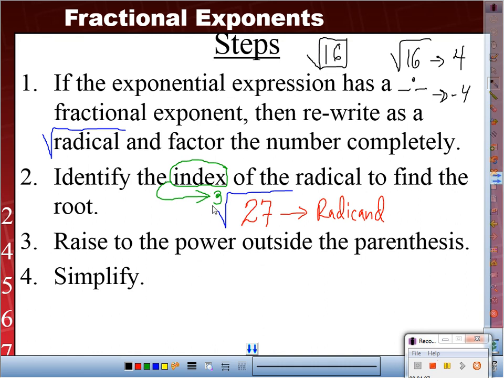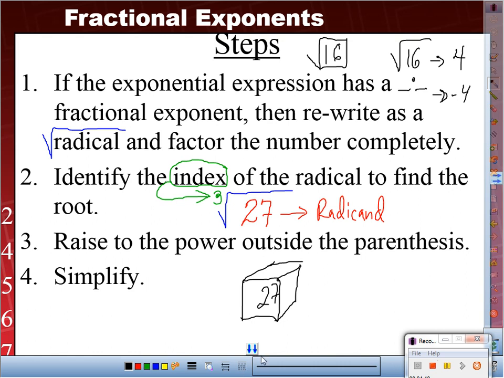However, look at this one. 3. What is another word that we use for this 3? Cube. So cube, what does that sound like? Does that look like a cube? Let's say the volume of this cube is 27.